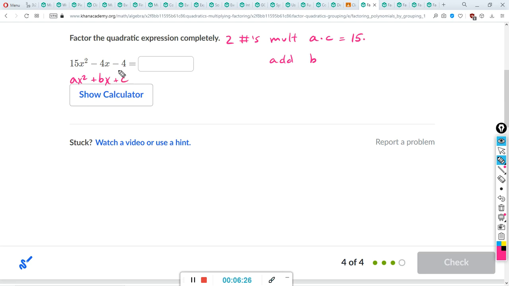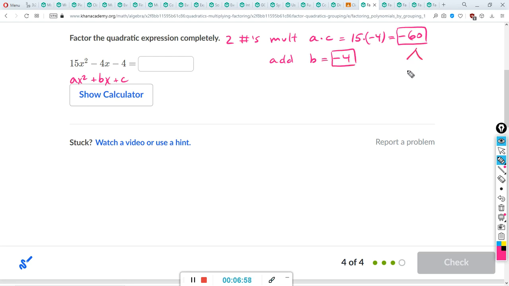Make sure you get the plus minus sign. So it's going to be 15 times negative 4. And you can see from the equation b is the number with x. That's negative 4. So we write out the factors for negative 60 and look for the ones that add to negative 4.